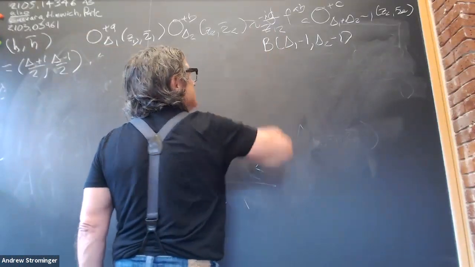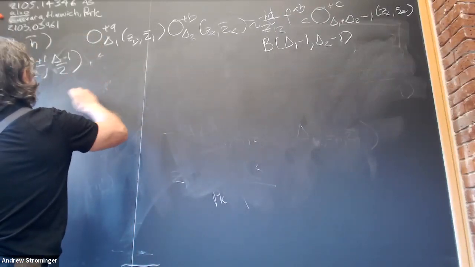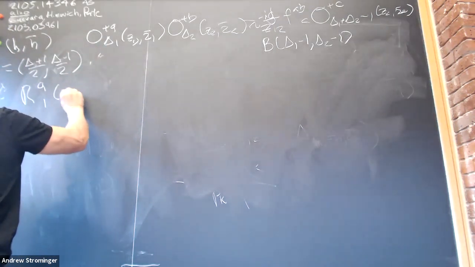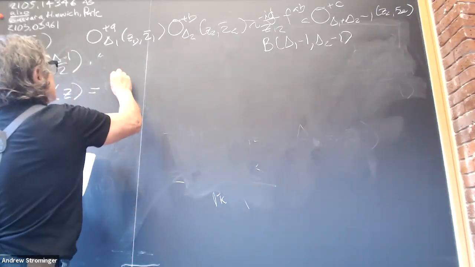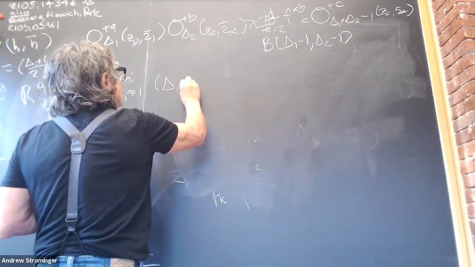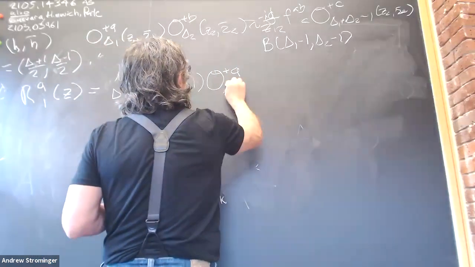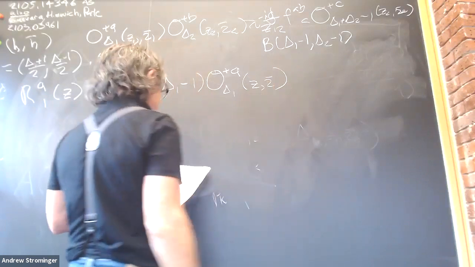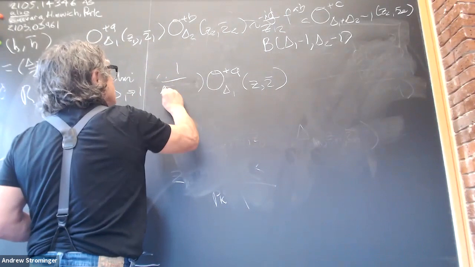Of course that means that the OPE becomes infinite, but we can take the residue and define an operator R^A, and I'm going to put a 1 here for reasons which will become apparent shortly, equal to the limit as delta 1 goes to 1 of (delta 1 minus 1) O plus A delta 1 of Z and Z bar.